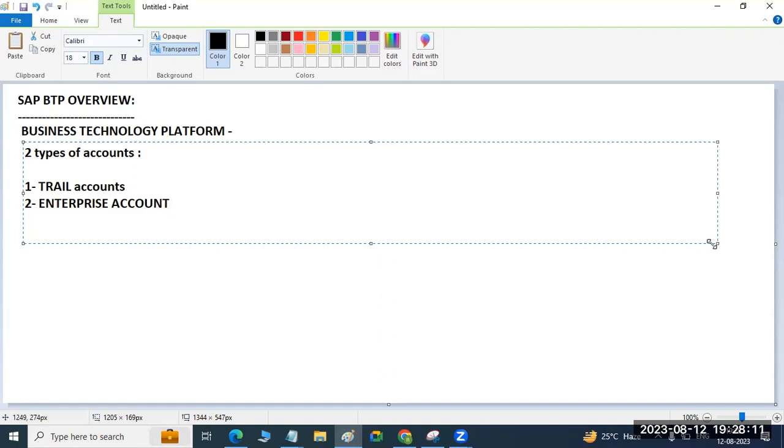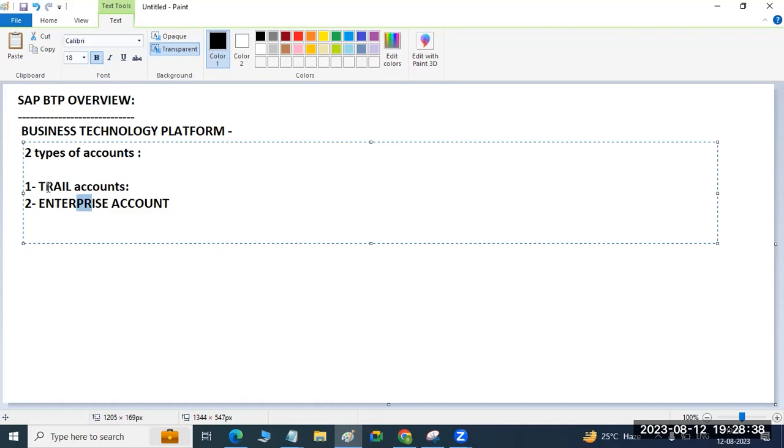So what is meant by a trial account? A few services are free services that you can use for your business. BTP is new to every customer, so to develop some scenarios, some POCs, or to give demos to clients, you do not need to purchase the enterprise account.